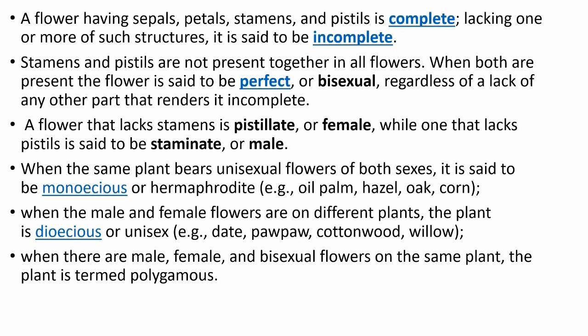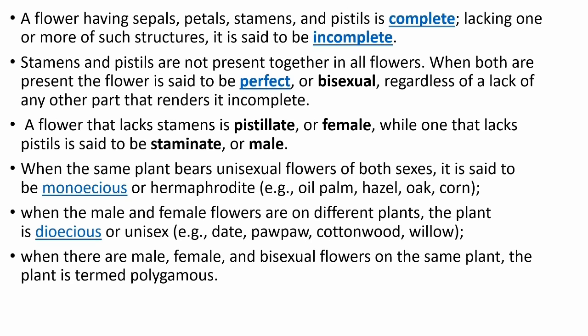Some of the flowers are male and some are female. Examples of monoecious plants are the oil palm, which is used to produce palm oil, the oak tree, which is used in furniture, and corn, or what we commonly refer to as maize.